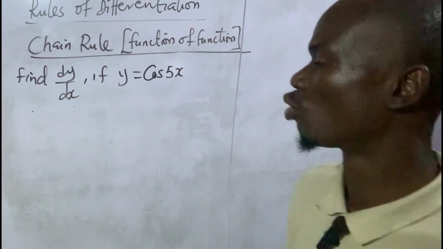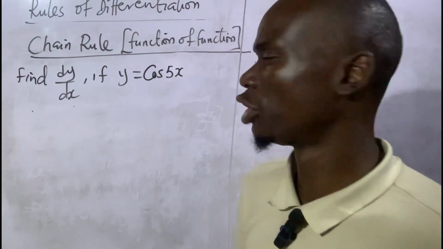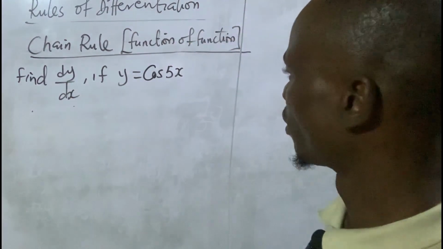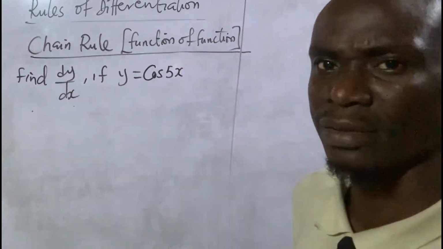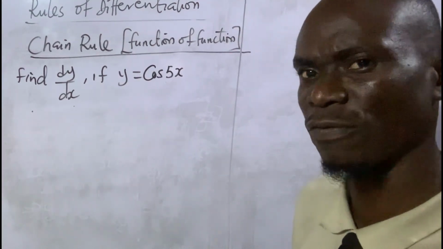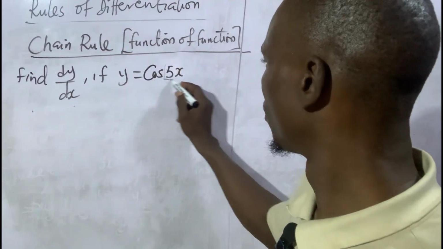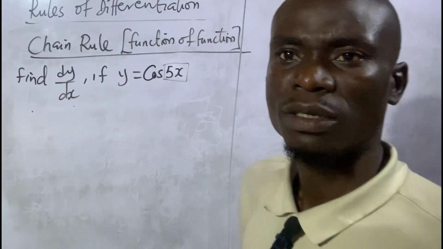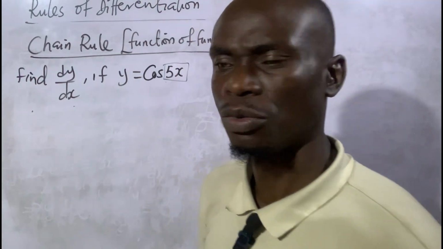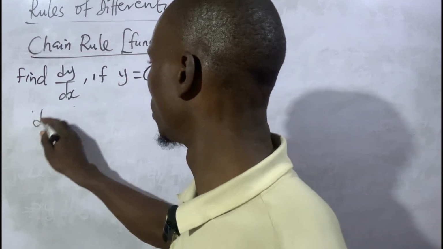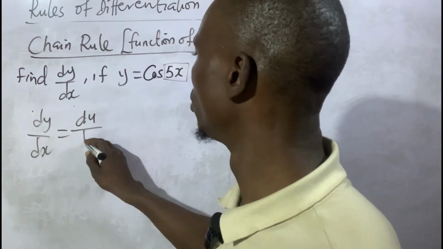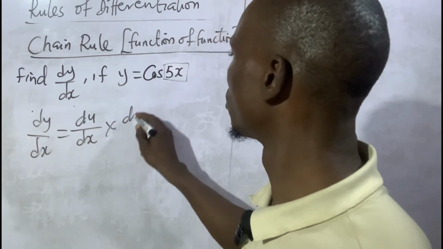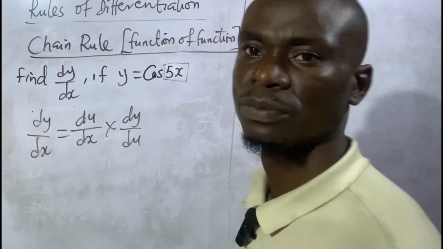This is our second question for the chain rule. It says find dy dx if y is cos 5x. So what's the chain? What has replaced our x in the basic form? 5x. So that's our u. Our formula says dy over dx is du dx times dy du.